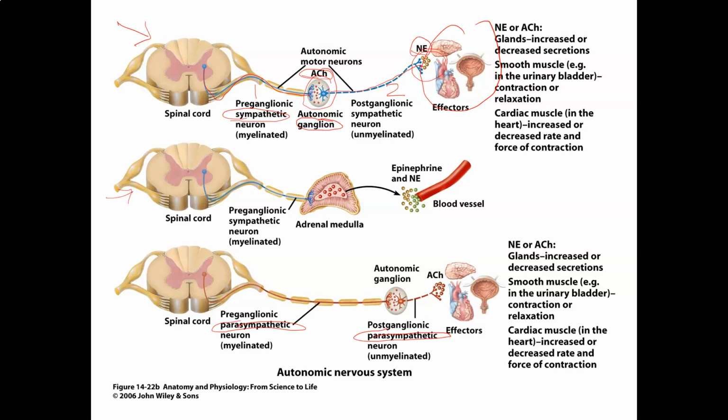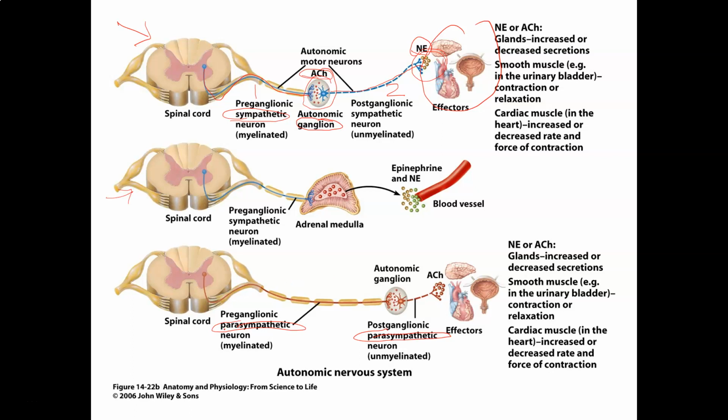NE is for norepinephrine or noradrenaline. So noradrenaline is going to diffuse across the synaptic cleft, just like you learned with skeletal muscle, bind to receptors on the target, just like acetylcholine did with skeletal muscle. And when it does, it's going to have its effect on the target.